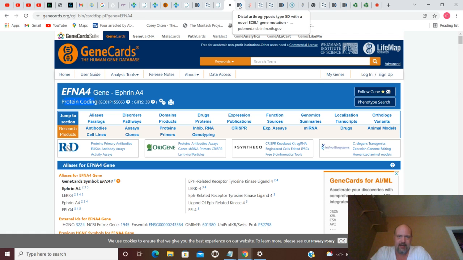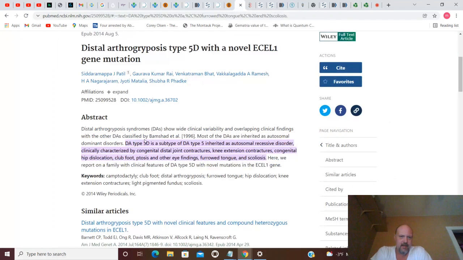All right, if we move on from that, you have 5D. And distal arthrogryposis type 5D with a novel ECEL1 gene mutation. So this deals with a genetic disorder.